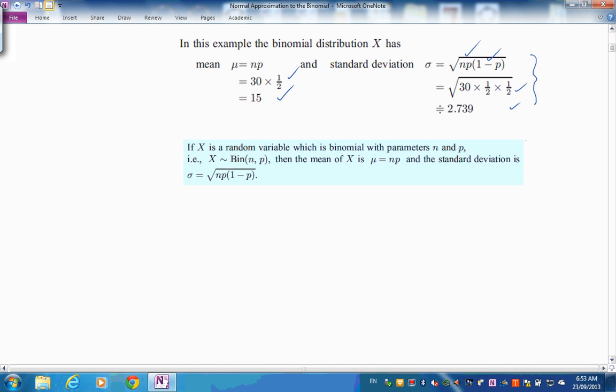If X is a random variable binomially distributed, parameters n and p, here's our notation, remember, then the mean is this, and the standard deviation is that. That's all actually doable on the binomial itself. So that's a start. We have a mean and a standard deviation. And of course, if we're going to fit a normal approximation to it, we're going to need to incorporate that mean and that standard deviation in our normal probability density function.